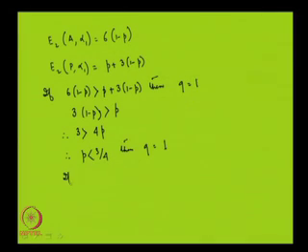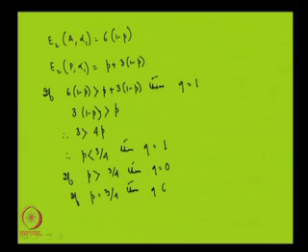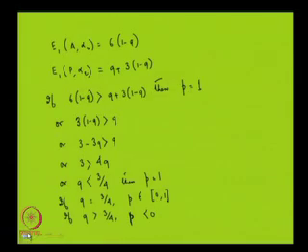Similarly, if P is greater than 3/4, then Q will be equal to 0. If P is just equal to 3/4, then Q can take any value between 0 and 1. So, the best response functions will be the following. If Q is less than 3/4, P is equal to 1.